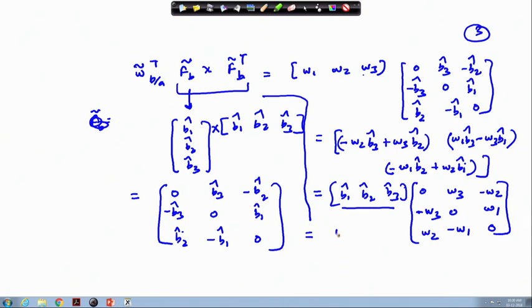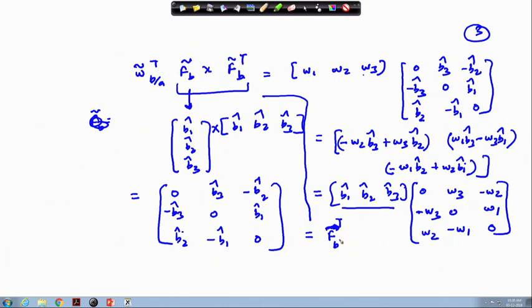This quantity is nothing but what we have written as F B, either in the form of tilde or transpose, whatever you write.